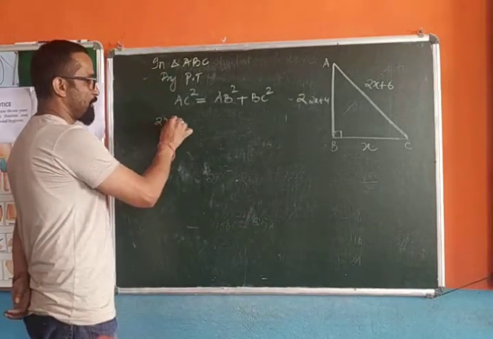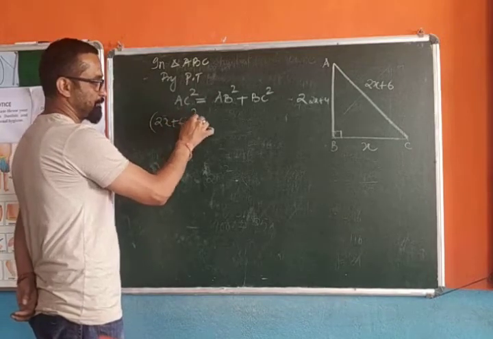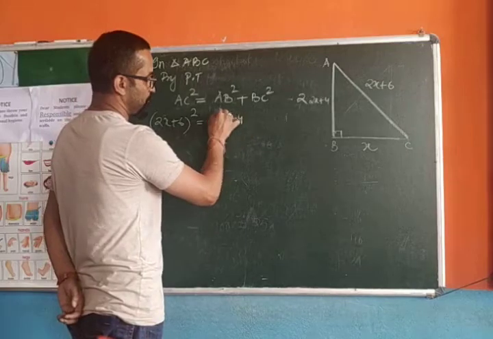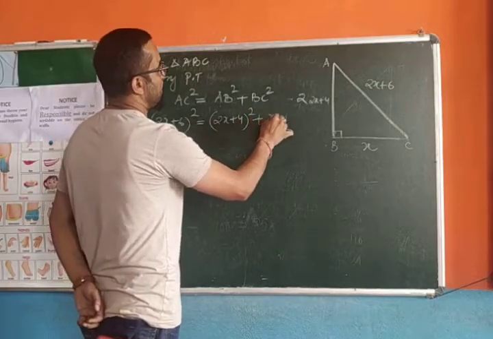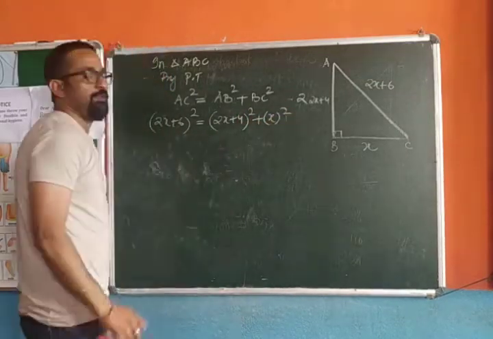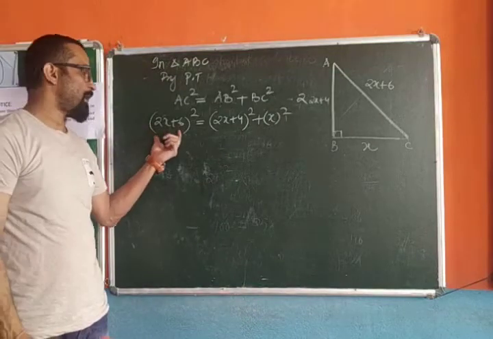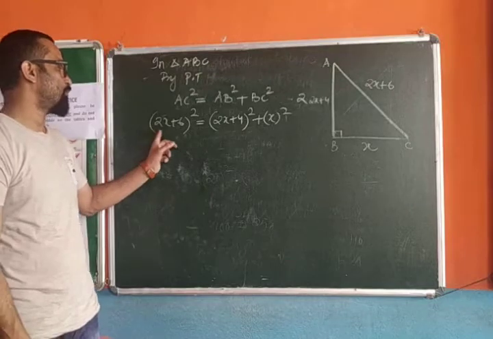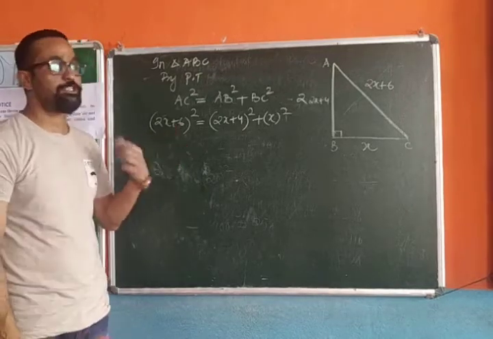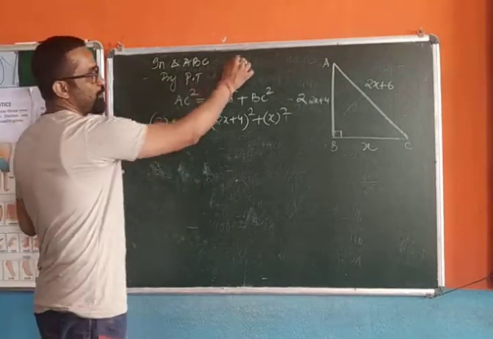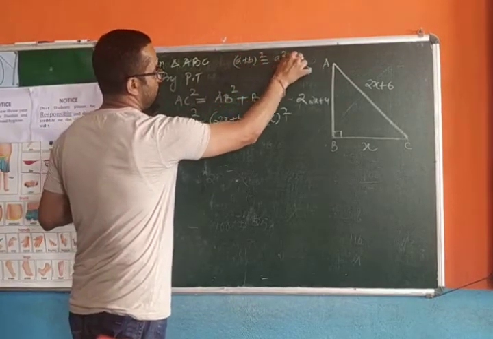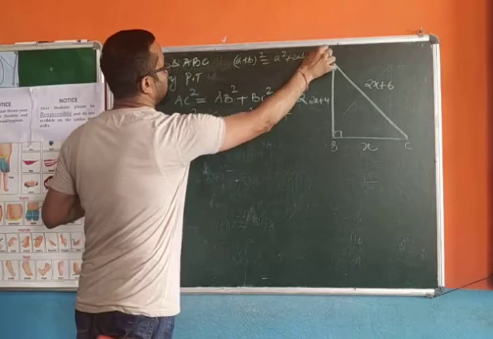AC is (2x plus 6) whole square, AB is 2x plus 4, and BC is x square. You need to use algebra here to expand it. You cannot directly write it as 4 square and 36. It is based on the formula (a plus b) whole square, a square plus 2ab plus b square.